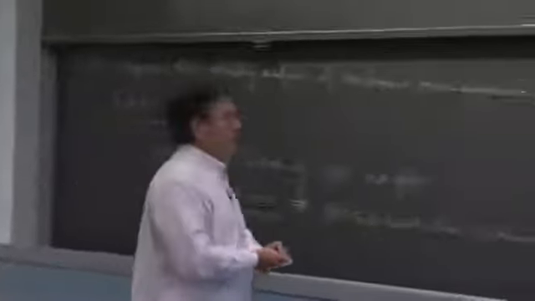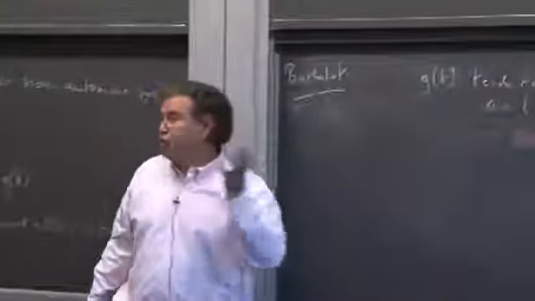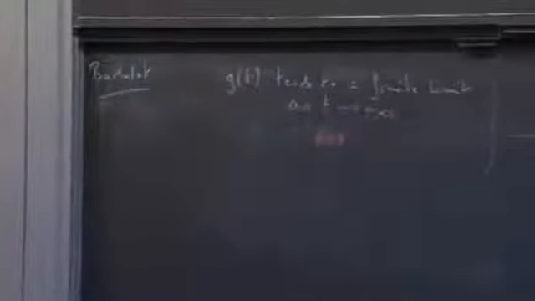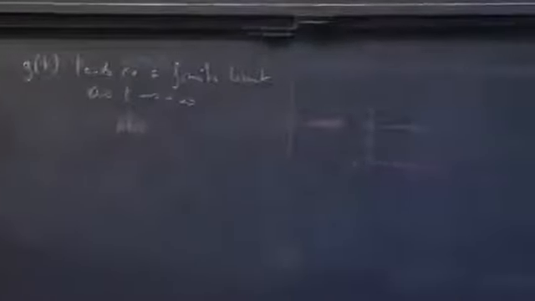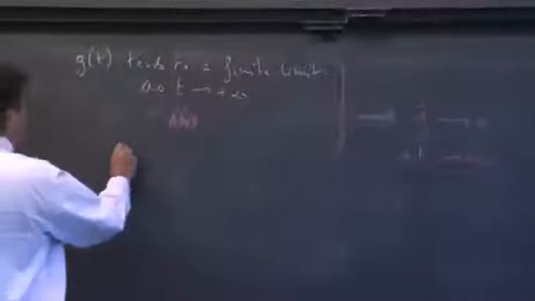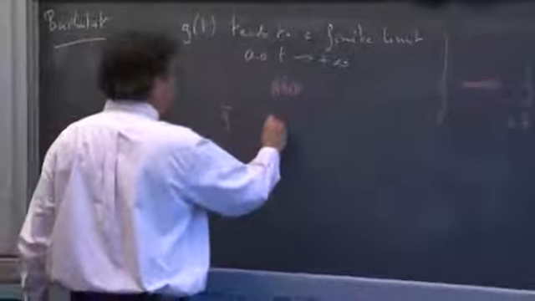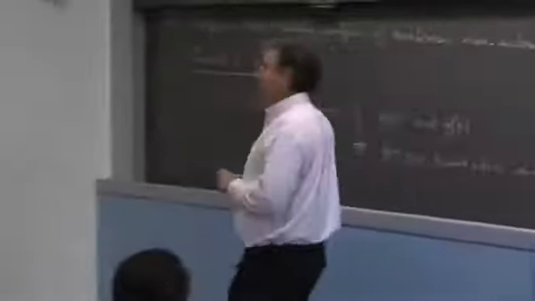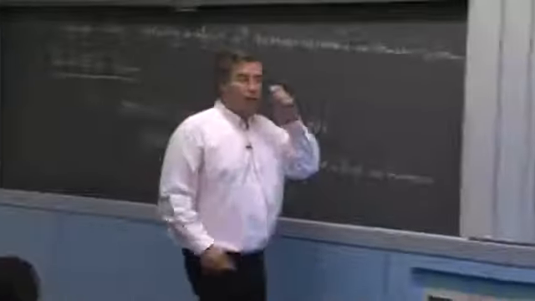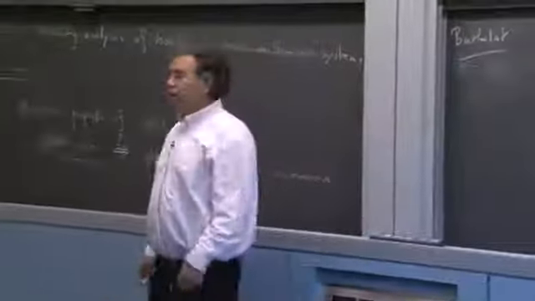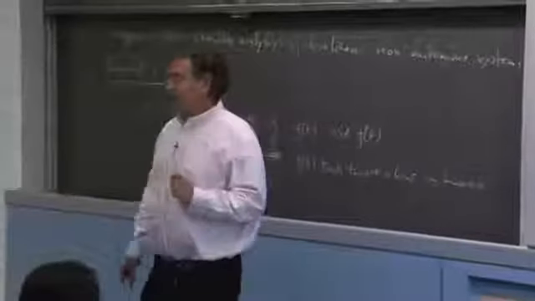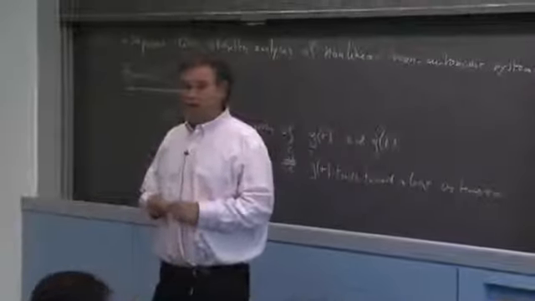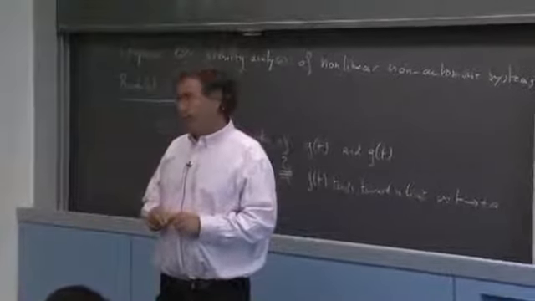But in Barbalat's lemma, we give a condition which, in a sense, is often easier to verify using Lyapunov-like tools, which is that g double dot is bounded. So if we add the condition that g double dot is bounded, then it will be true that if g tends towards a finite limit, then g dot will tend to 0. What do we mean by bounded?